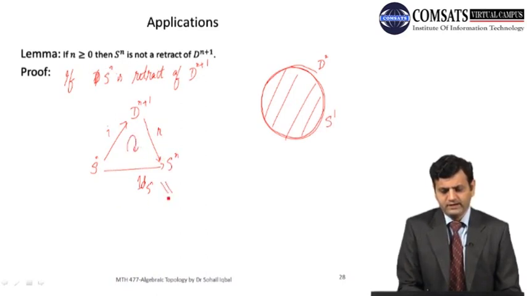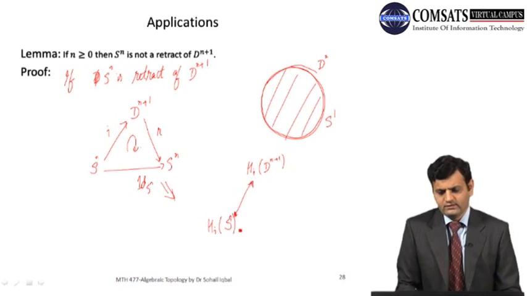Now this implies that we have the following diagram: Hi of Dn plus 1, Hi of Sn, and it goes to the identity. Hi of the identity of Sn, and Hi of the inclusion.